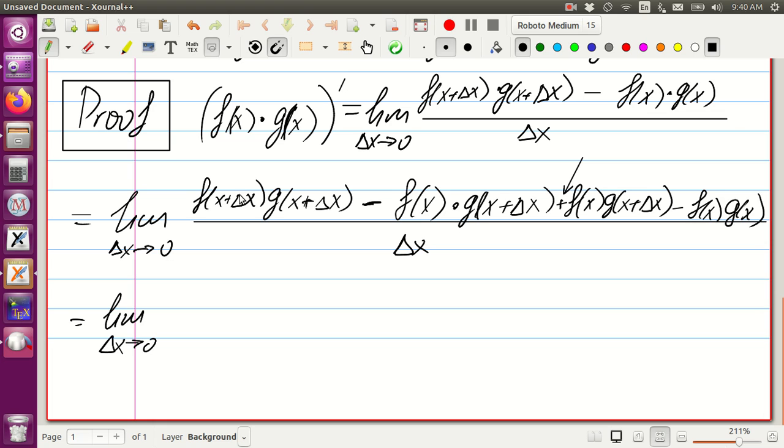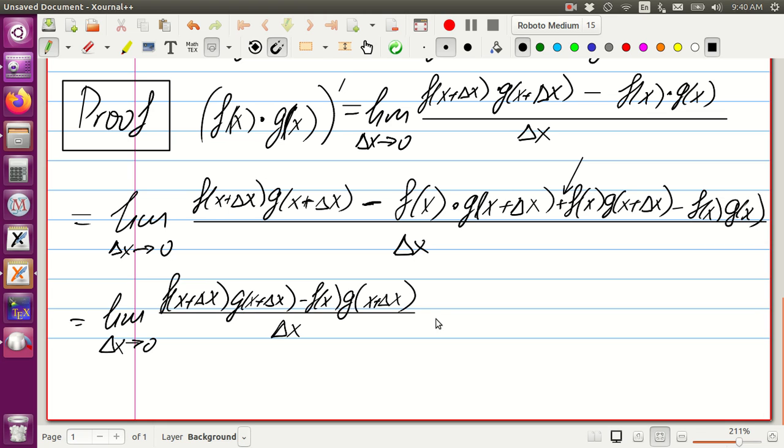So we have a limit, again, first one and second one together, and then we're going to split it up into two different fractions. So I put a plus and I combine these two together in the second fraction with delta x on the bottom. We have f of x, g of x plus delta x minus f of x, g of x.